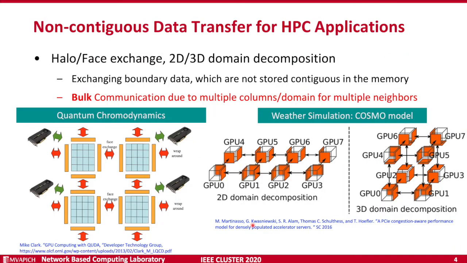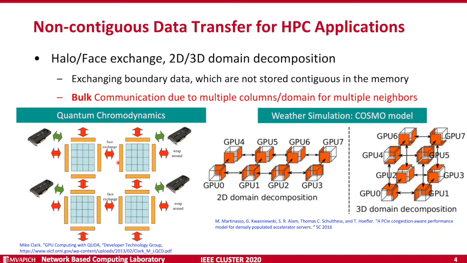Applications are also trying to be accelerated by the GPU, and in legacy HPC applications, non-contiguous data transfer is a very commonly used communication pattern. Some people also refer to it as halo exchange or face exchange, or 2D, 3D domain decomposition.